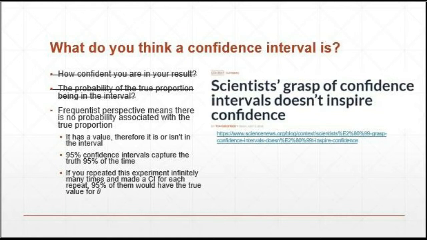What did you say? Was it something about how confident you are in the result, or about the probability of the true proportion being in the interval? Both of these are very common misconceptions.